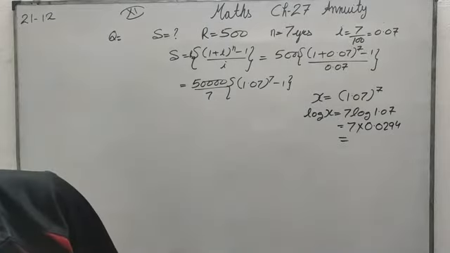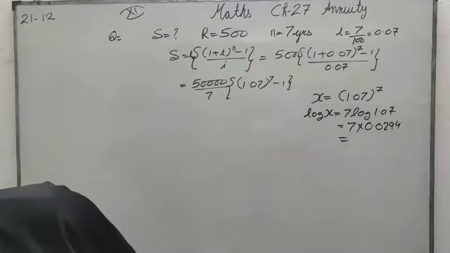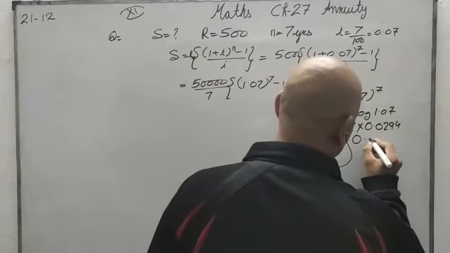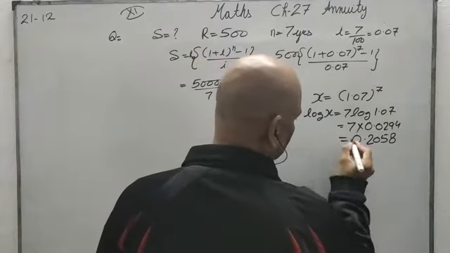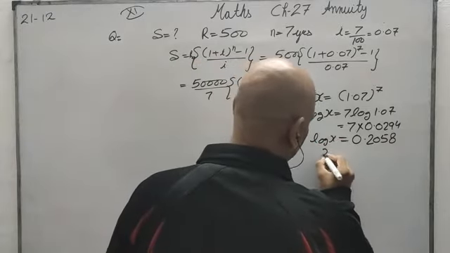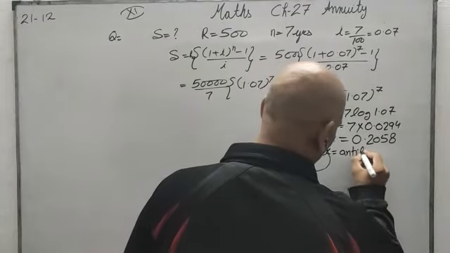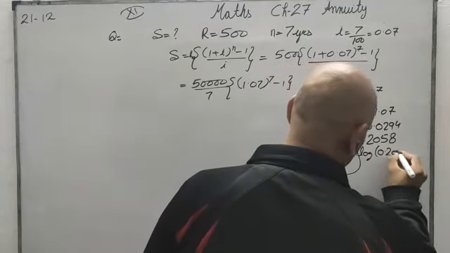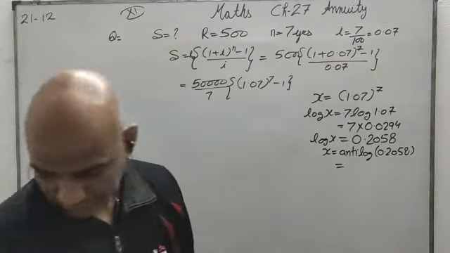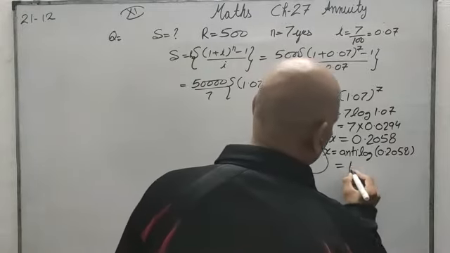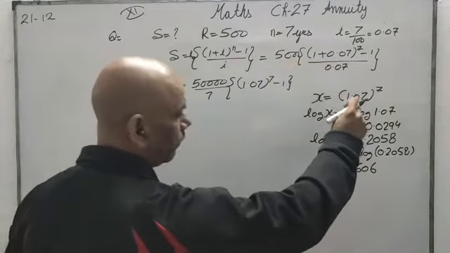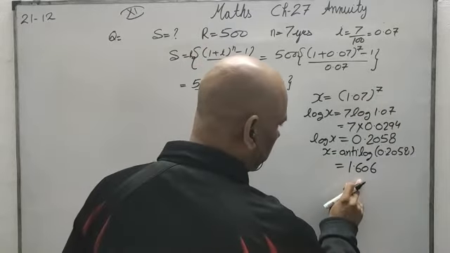On multiplying this by 7, we got 0.2058. Okay, now this is the value of log x. To find x, we will do the anti-log of 0.2058, and that we are getting as 1.606. So this way we get the value of 1.07 to the power 7 as 1.606.